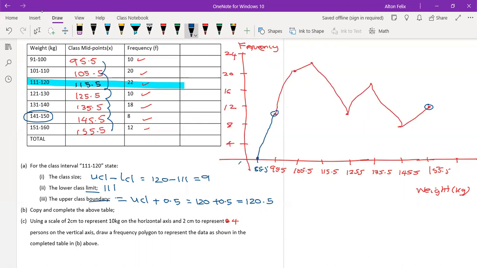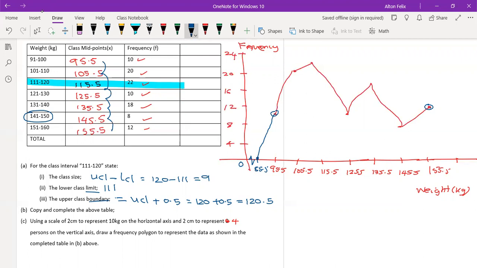And of course, if this represents 0, we can put a little break here indicating that the distance from 0 to this first point, 85.5, is not the same as the scale we use here, which was going up by 10. So that's just a way of indicating that. Okay, let's look at the last point here.